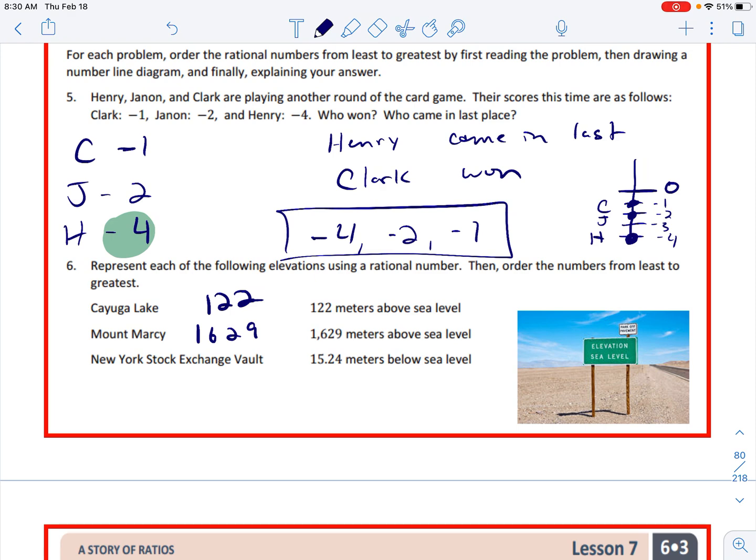And then the New York Stock Exchange vault is 15.24 meters below sea level, so this is going to be -15.24. That's obviously going to be my smallest number, so from least to greatest, it's going to be -15.24, then 122, and then 1,629.